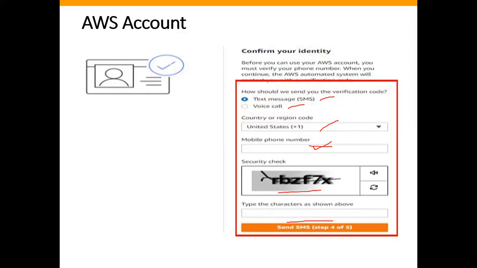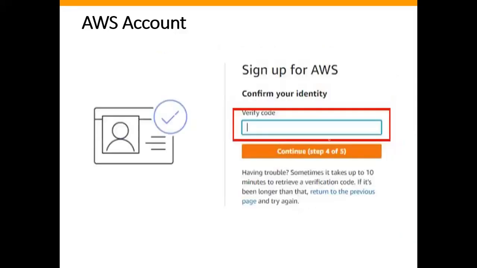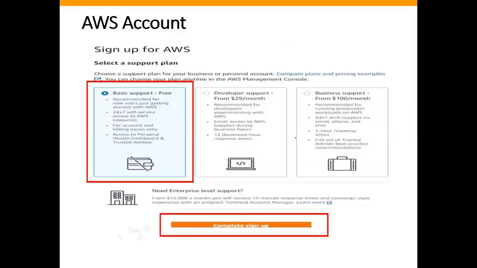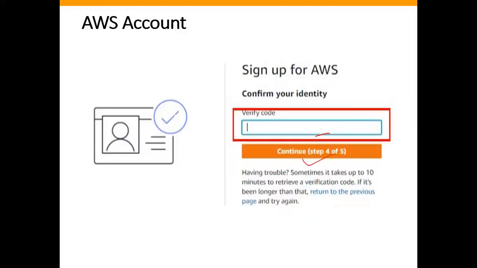And if you are using text message, click on send SMS to validate your mobile. Then you will get an OTP, and that particular OTP you need to enter here to validate your mobile. Next, click on continue.